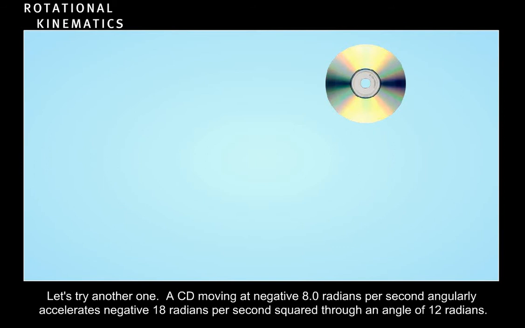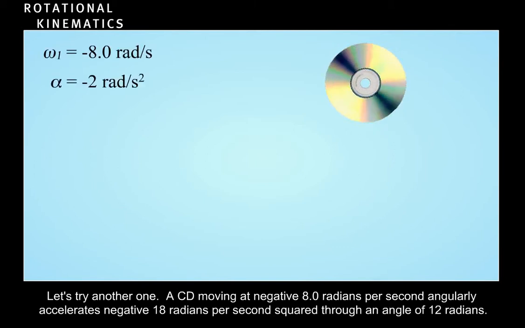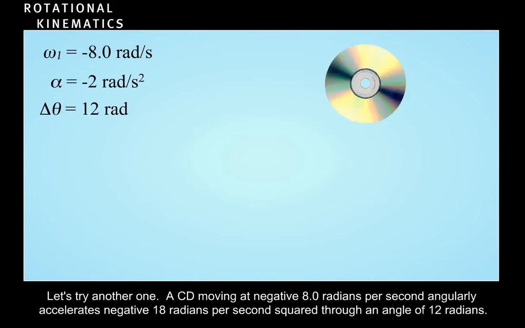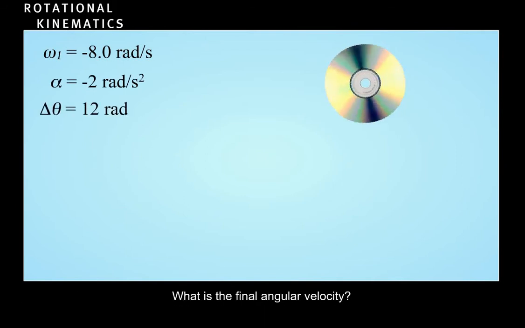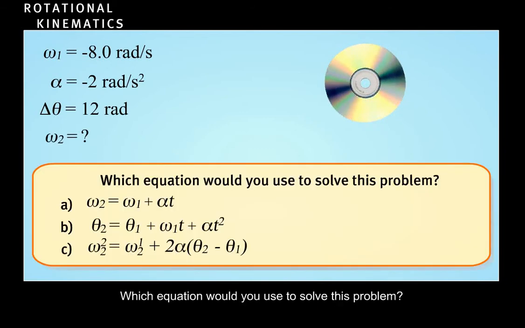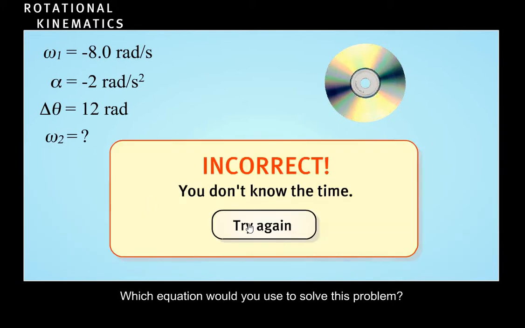Let's try another one. A CD moving at negative 8.0 radians per second angularly accelerates at negative 18 radians per second squared through an angle of 12 radians. What is the final angular velocity? Which equation would you use to solve this problem? You don't know the time.